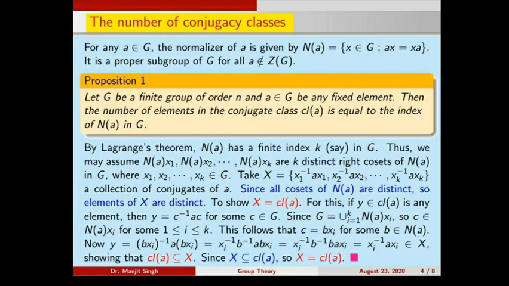Now we compute Y by substituting the value of C by B xi. You will find that this is (B xi) inverse A (B xi), and using the property of inverse of a product of two elements, finally it turns out to be xi inverse A xi, which is an element of X. So this is the case when class of A is contained in X.